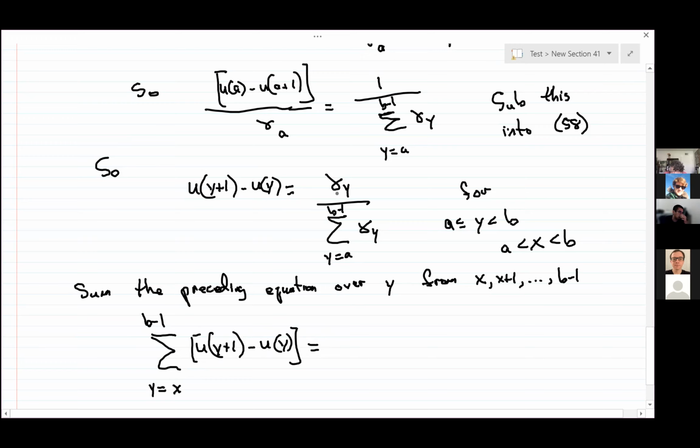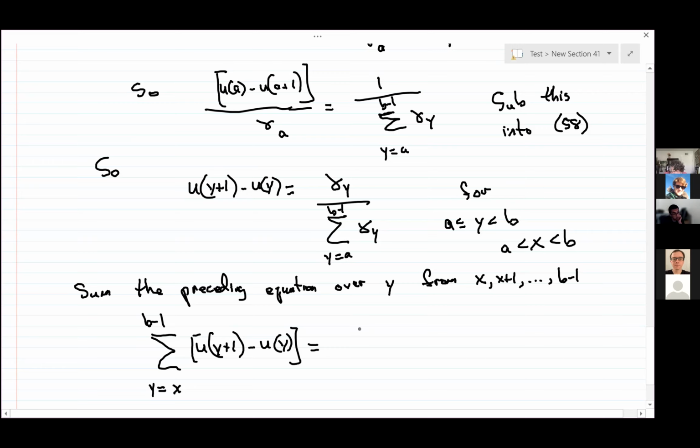Now this one, gamma y is a constant with regard to this. No, we're summing over y, my bad. This is a constant, okay. So when you sum the right side, this is a little tricky because this sum has already happened. So when you have a sum that's already done, this is a constant down here.